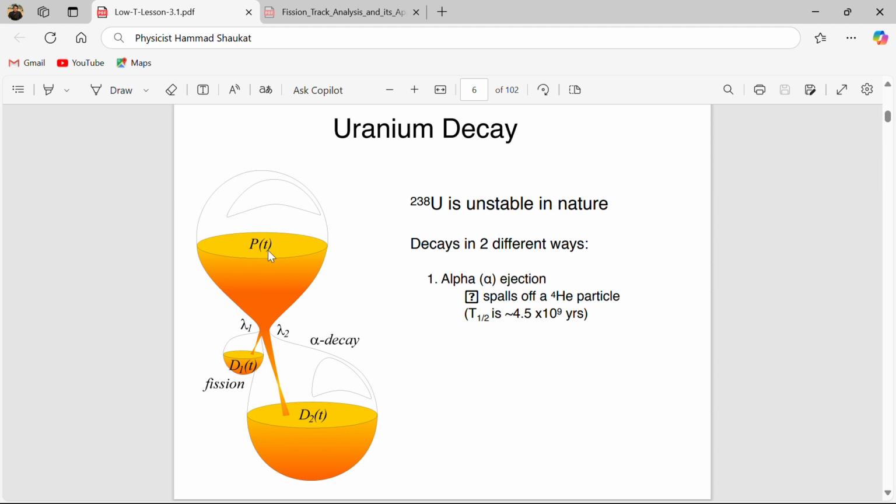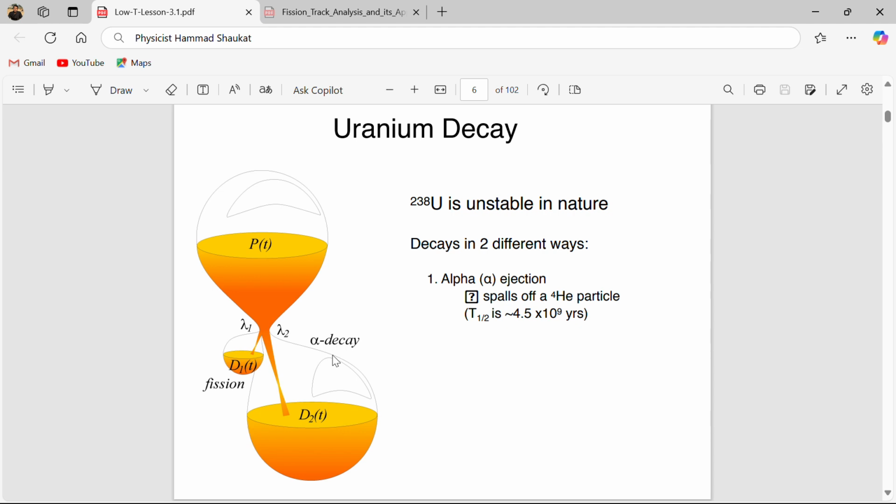As you can see, this is uranium 238, which is unstable. PT stands for the parent nuclei, and D1T and D2T stand for the daughters. Your parent converts into daughters, decaying into D1 and D2, two daughters. D1T is the small fraction, meaning fission is small, with decay constant lambda 1 track, and lambda 2 track is large, a large concentration, and this is basically alpha decay.